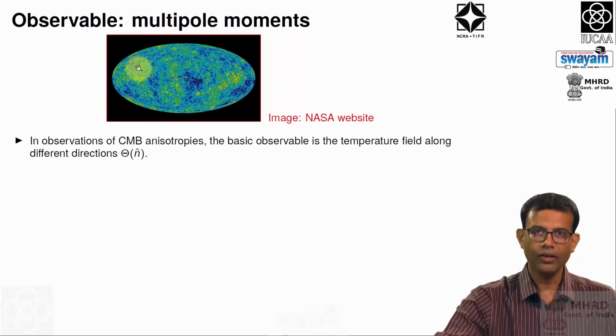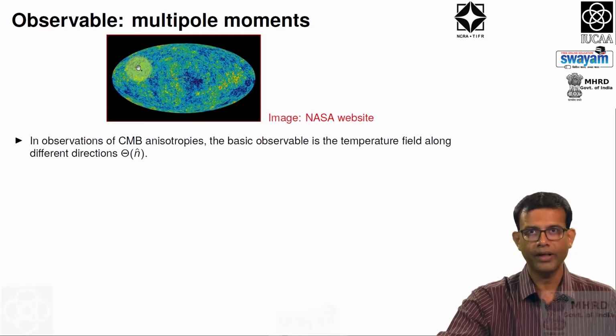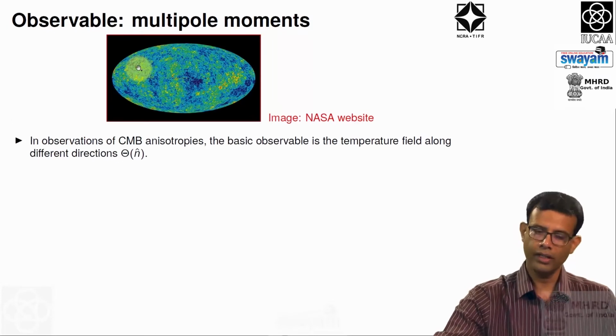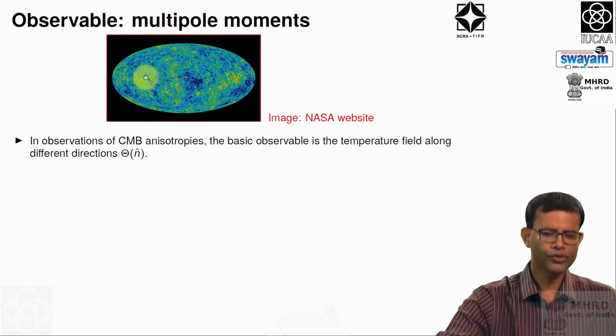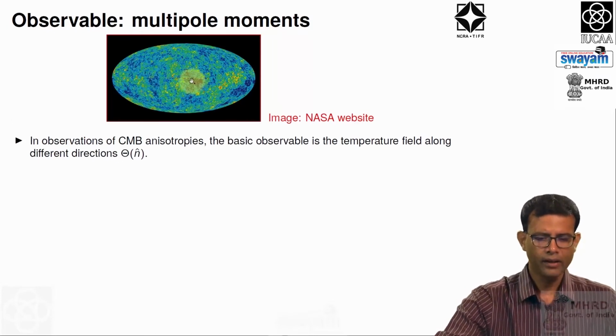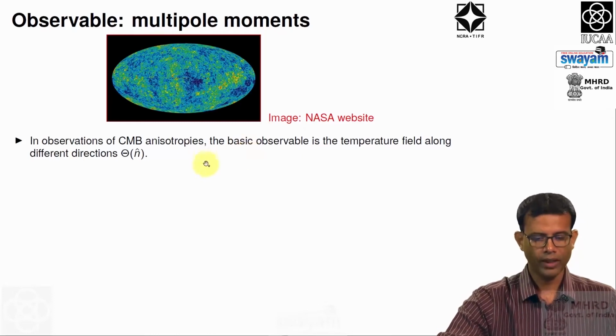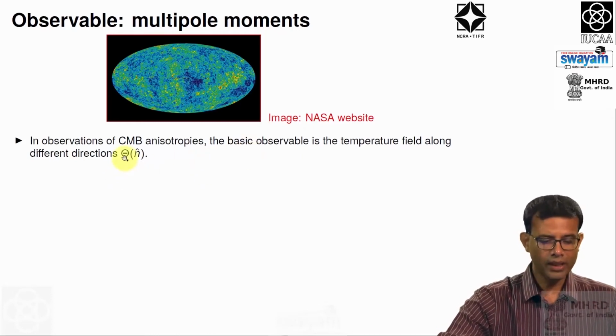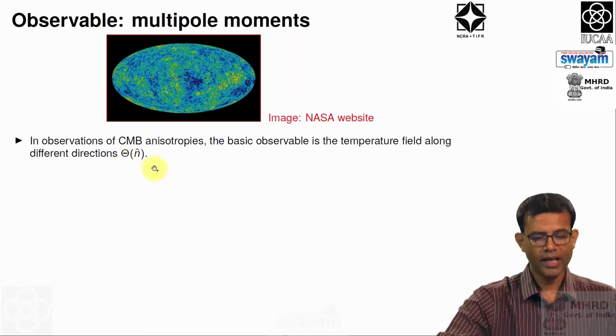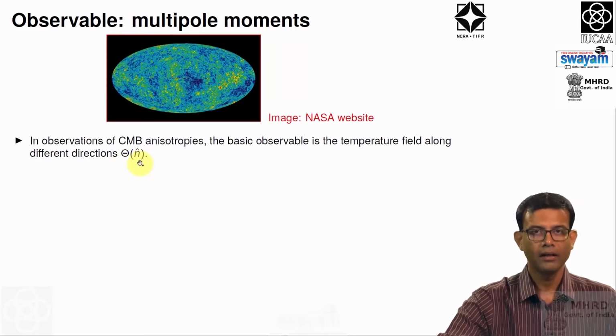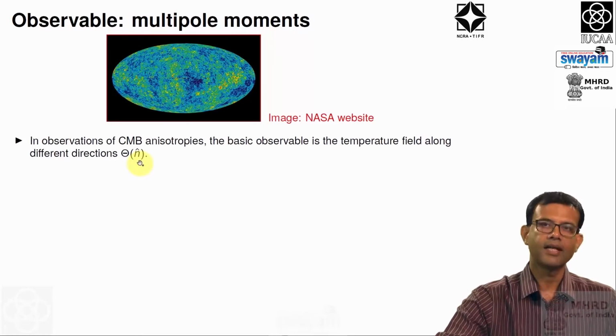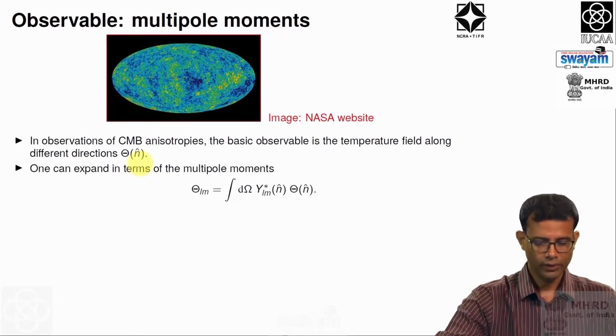They are very close to 2.73, but there are departures of the order of 1 part in 10 to the 5. So, some parts are colder, some parts are hotter. But effectively you are measuring the temperature field as a function of direction. I have called the direction n hat. You can think of this as theta phi on the sky, the two angles.